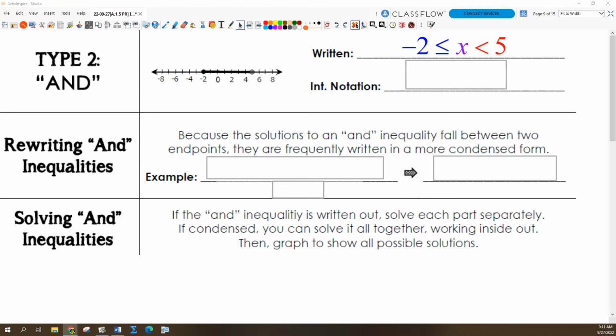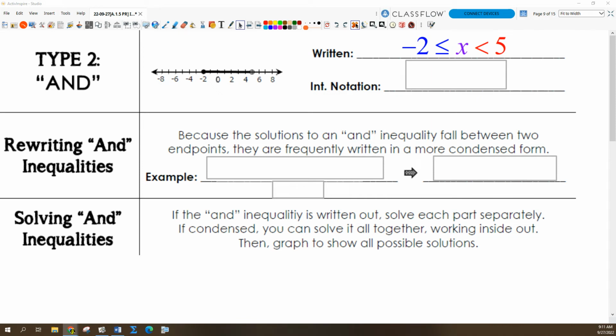A lot of times people want to read this like a sentence: negative 2 is less than or equal to x, and x is less than 5. No, you start in the middle when you have a 3-part and inequality. You start with the x and you say x is greater than or equal to negative 2 and less than 5. So you're bracketing it or pinching it between the bottom value and the top value, which describes that interval.